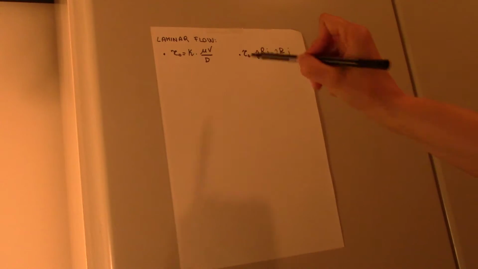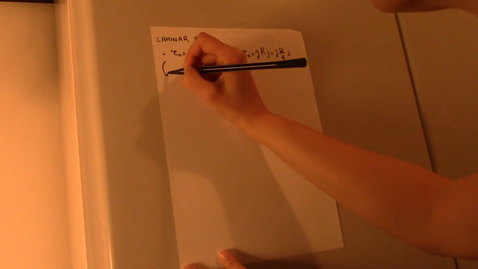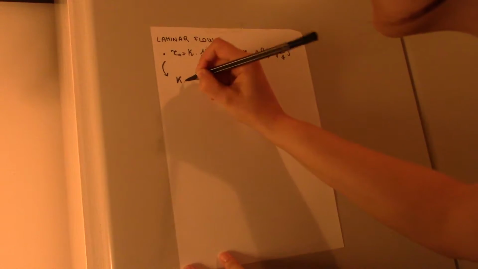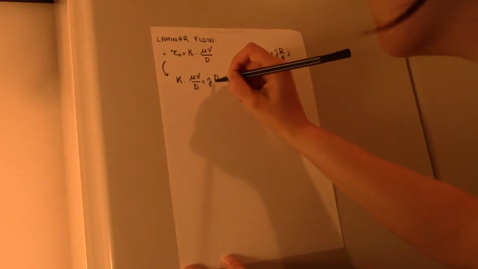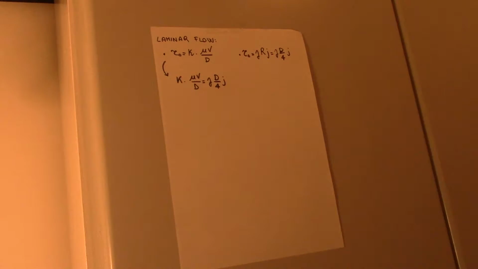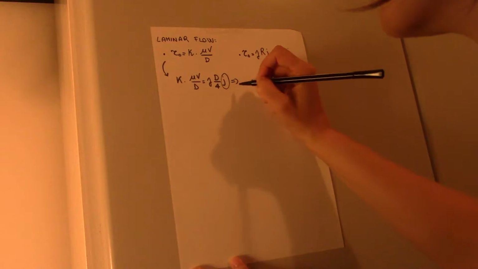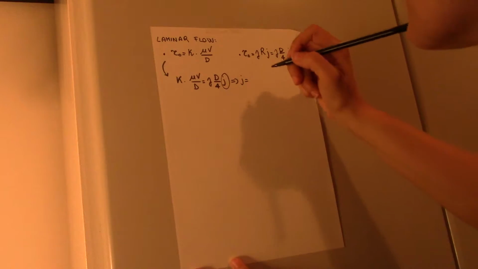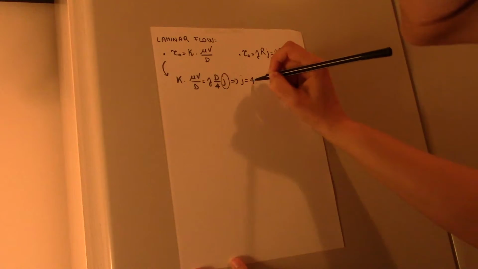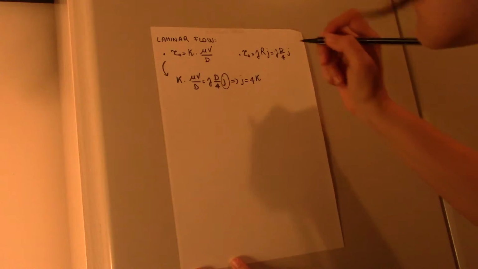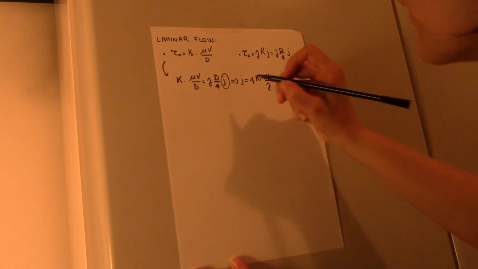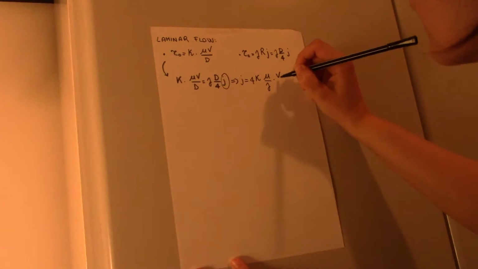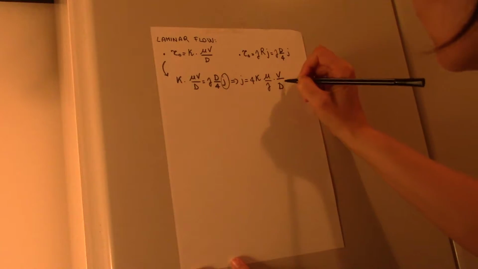Let's compare this with this. We get k times mu v over D equal to gamma D over 4 J. And right now we want to get J. So J will be 4k mu over gamma, times the velocity over D, let's bring it right here, so it becomes D to the power of 2.